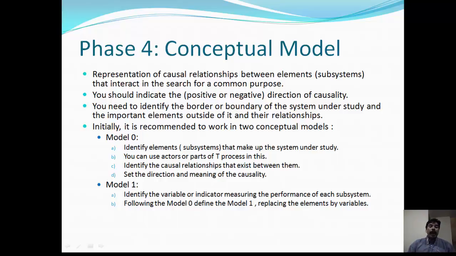We should indicate the positive or negative direction of this causality. We need to identify the border or the boundary of the system under study and the important elements outside of it and their relationships. We have elements inside of a system and we have elements outside of the system. How can we see the difference between them? It's very simple.